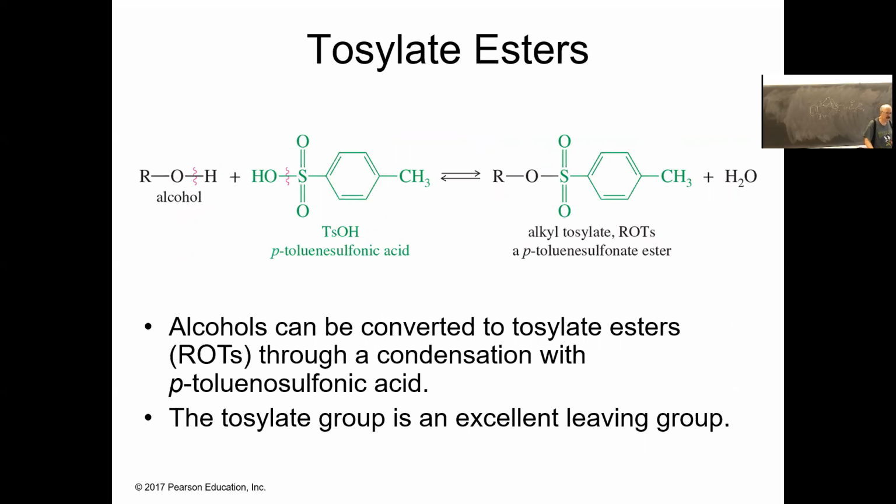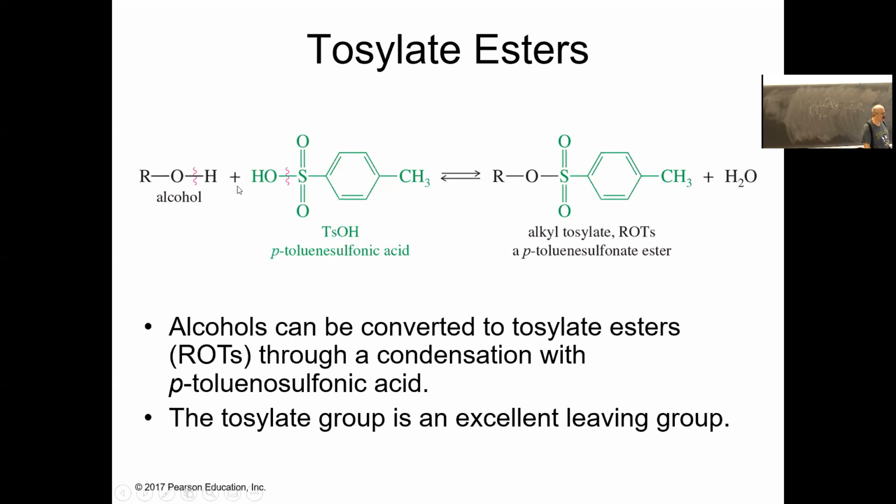Another way to convert OH into a better leaving group is to transform it into a tosylate ester. Tosylate is a contraction of p-toluenesulfonate. So this is the formula for p-toluenesulfonic acid.